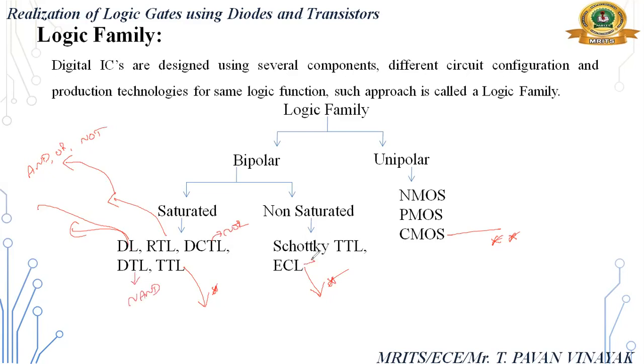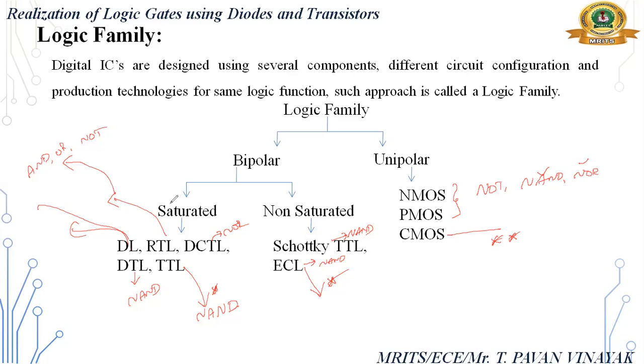For ECL, we learn NAND. For Schottky TTL, we learn about the NAND gate only. For TTL also, the NAND gate only. For NMOS, PMOS and CMOS, we learn NOT, NAND and NOR.